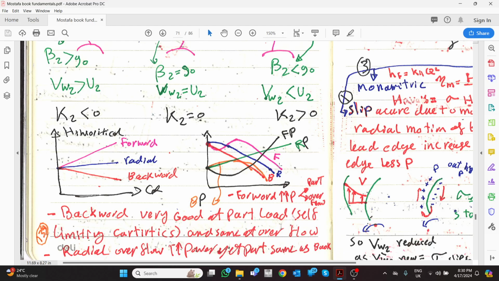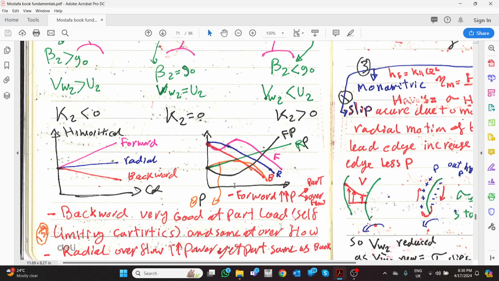And I'm speaking about the power, by the way. So this is the radial power, this is the forward curve power, and this one, in the orange color, is the backward curve power.